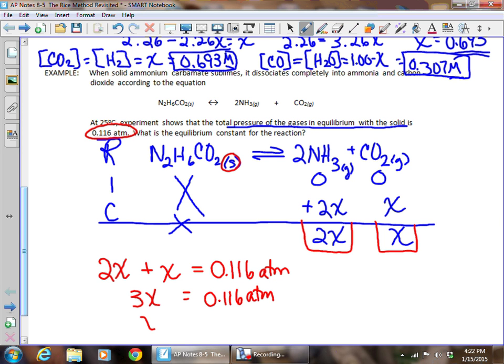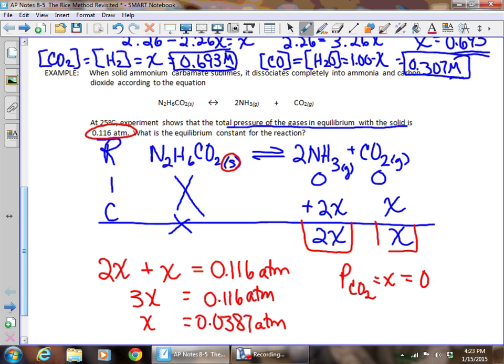So x is going to be, when I divide both sides by 3, 0.0387. So I know that the pressure of CO2 is x.